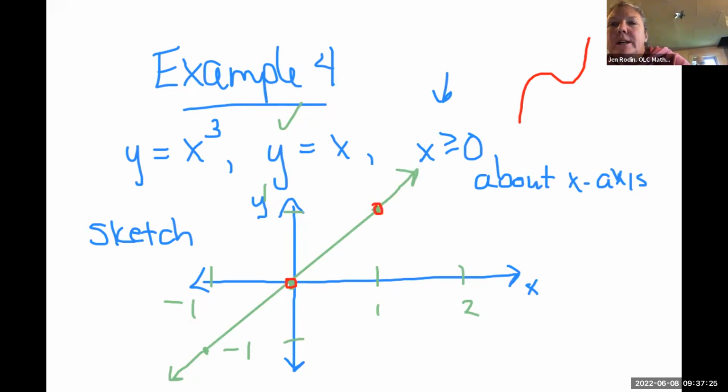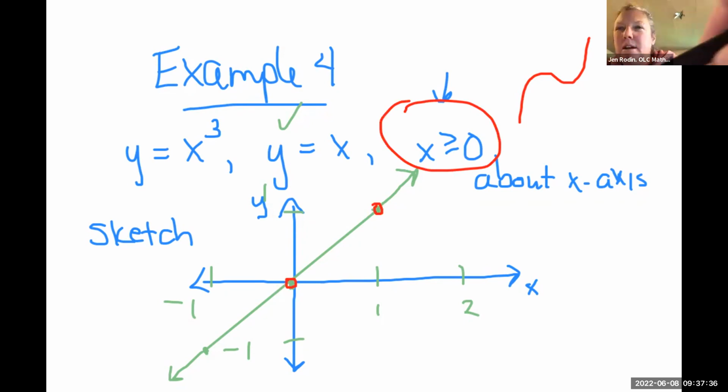So right away we could tell, because they said we're looking at x greater than or equal to 0, there's all this, it's almost like a secret code, I think. All the things you have to pick out of there. So it's going to be between those 2 points. And where does our curve look? Kind of like this.